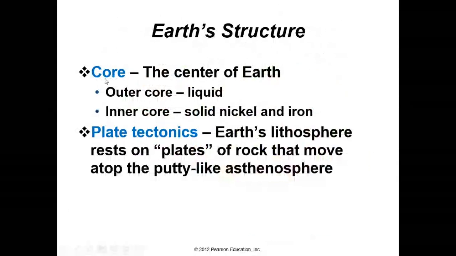So the core I already talked about. Compositionally, the core is made of metals, whereas the crust and the mantle are made predominantly of rocky materials with some metals. But it's important to know that the core is made of basically nickel and iron for the most part. There's some other minor metals in there as well. The outer core is a liquid, whereas the inner core is a solid.